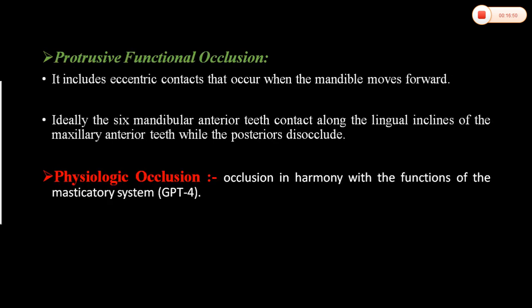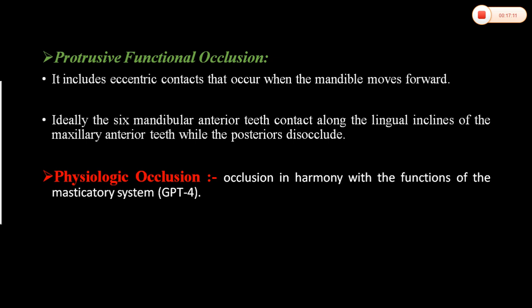Coming to protrusive functional occlusion. It includes eccentric contacts that occur when the mandible moves forward. When you move the mandible forward, the incisal edges of the lower teeth will rest on the lingual inclines or lingual slopes of the upper anteriors.